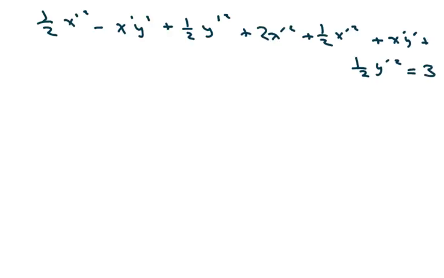Now simplifying, I can cancel a lot of stuff. I can cancel this. What else can I cancel? These. Alright. And anything else? Basically what I'm going to get is 3x prime squared. Actually, I couldn't cancel these.